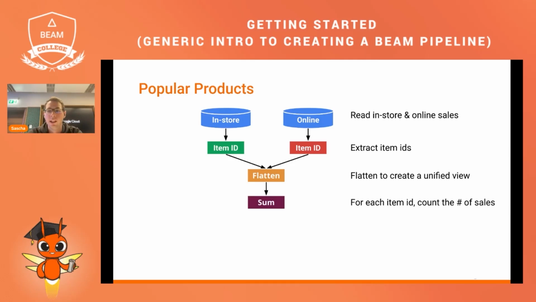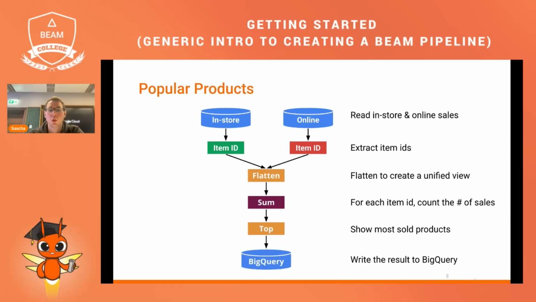We create the sum so that we know how many times a certain item has been sold. And then we use the top function, for instance, to show us the most sold products. And lastly, we could also store the results into any sink.